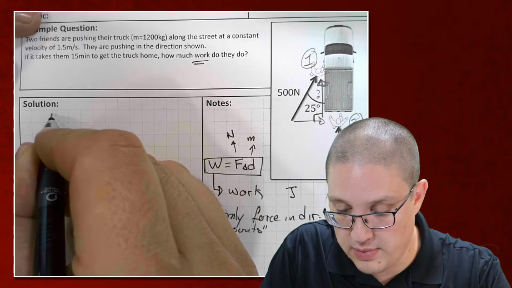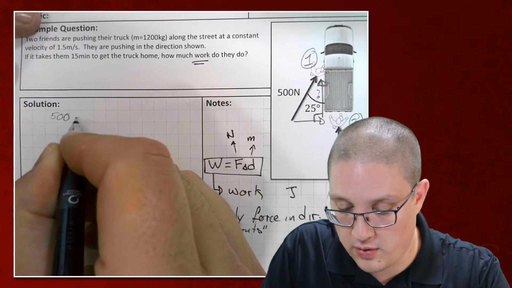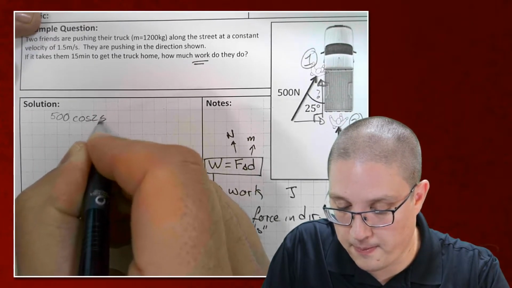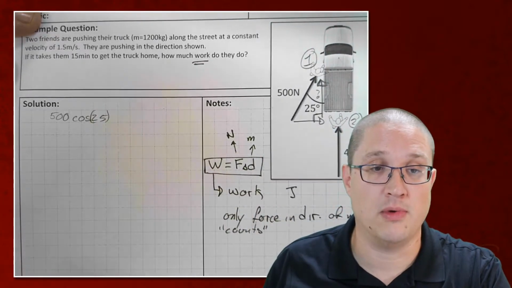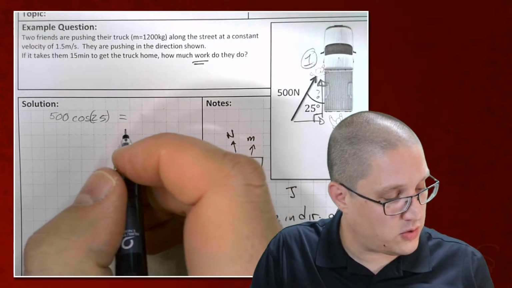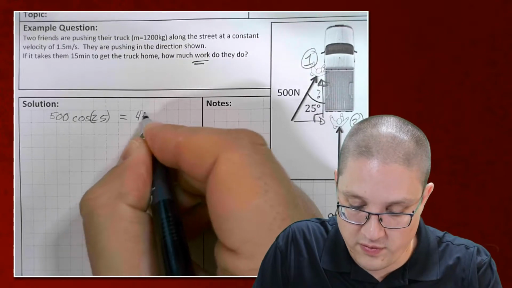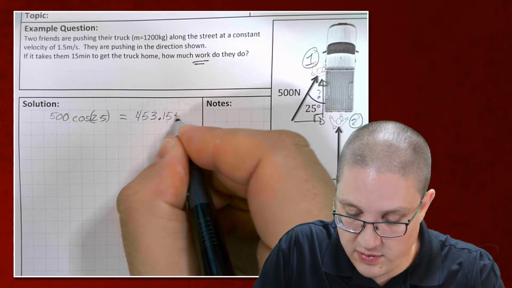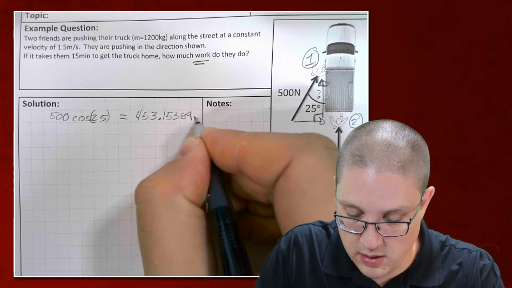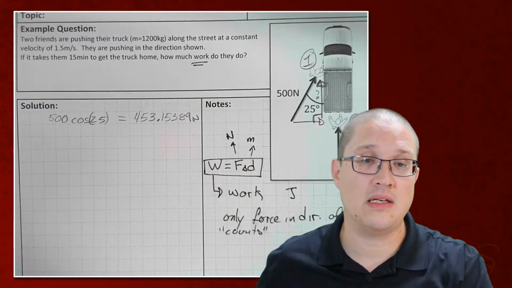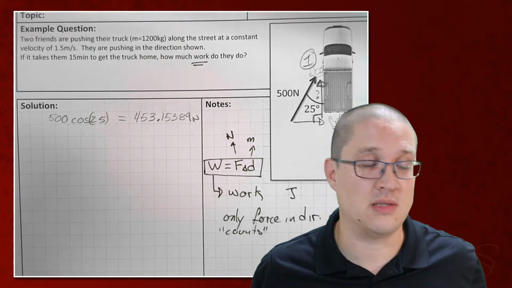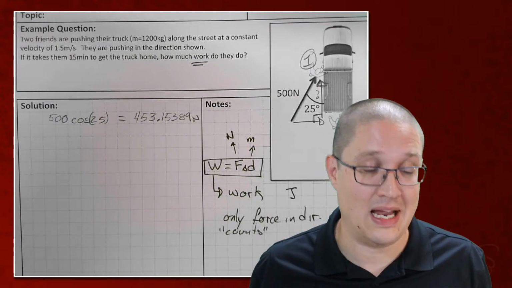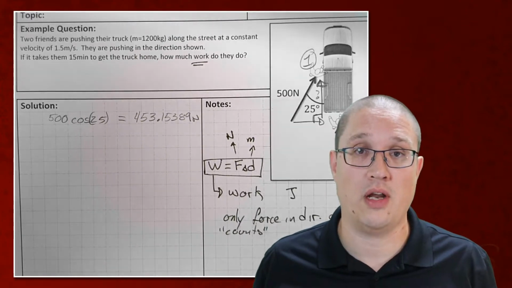That's going to be 500 cos 25, using cos because I'm looking for adjacent. 500 cos 25 works out to 453.15389 newtons. Why that many decimal places? Because I should use a lot of decimal places before I get to the end of my problem, so that way I don't end up with rounding errors.